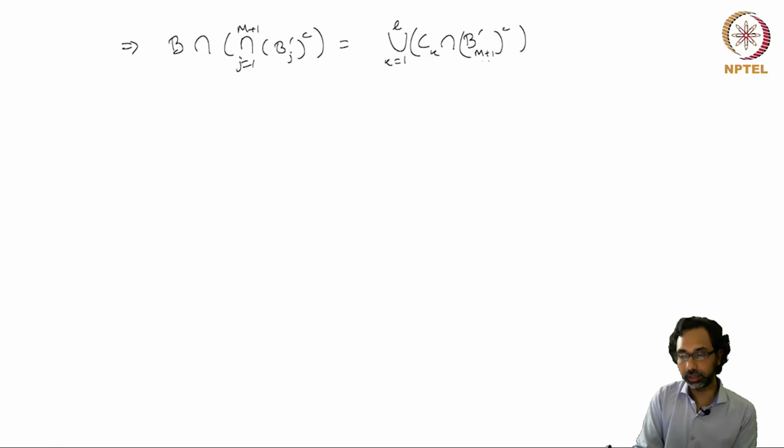So we have just distributed the intersection inside the union, and now this is a box and this is a box.